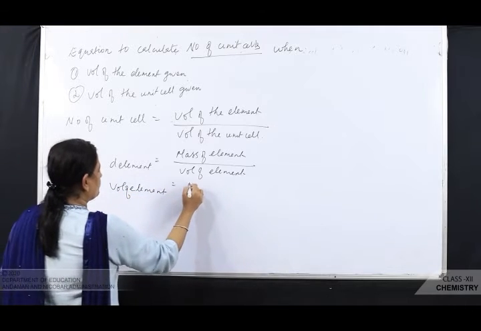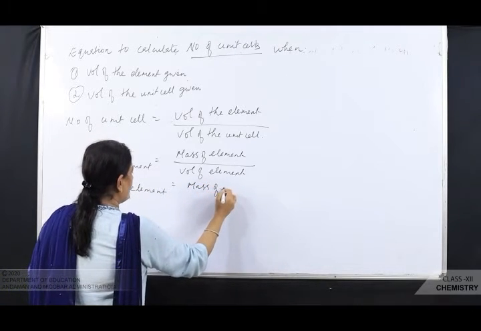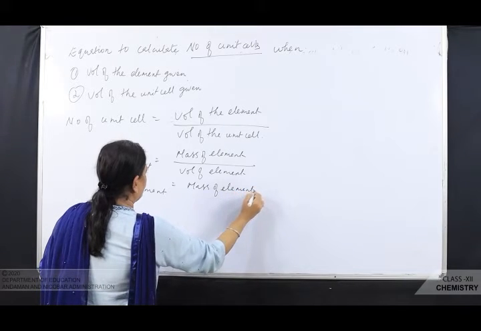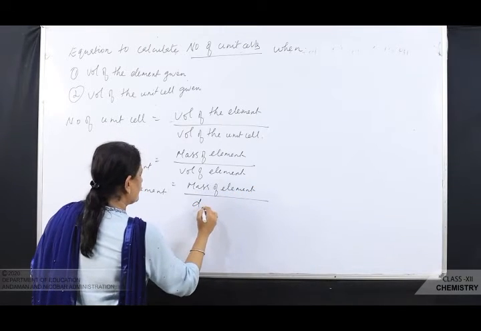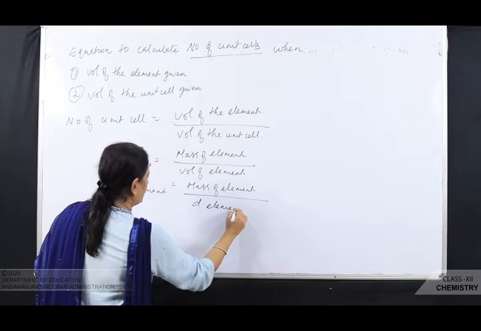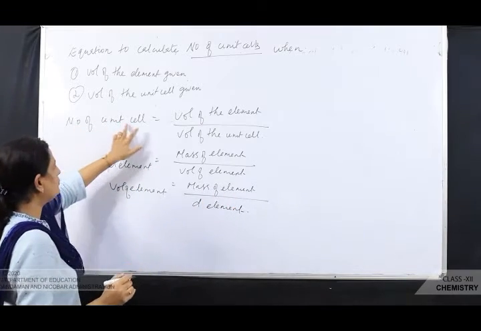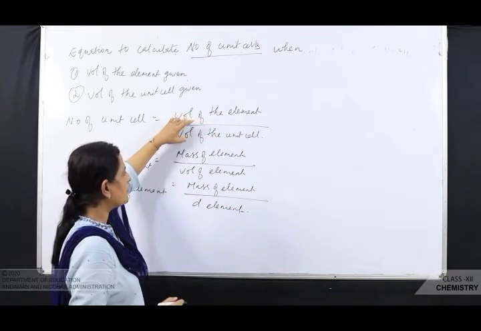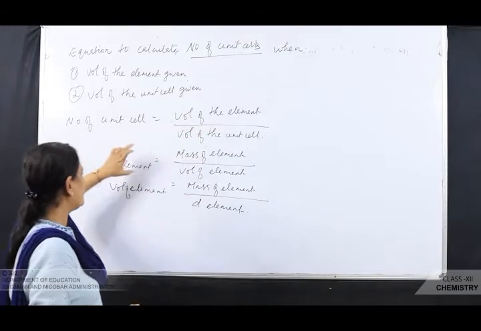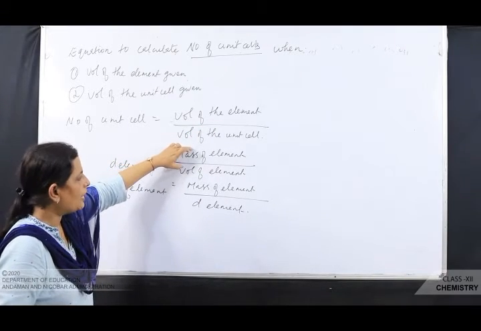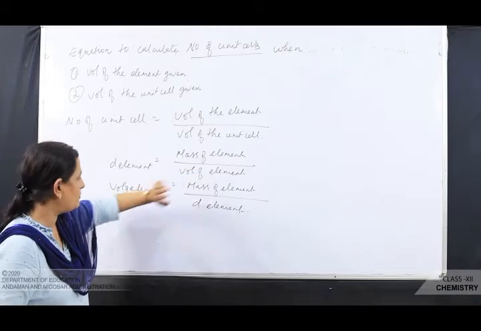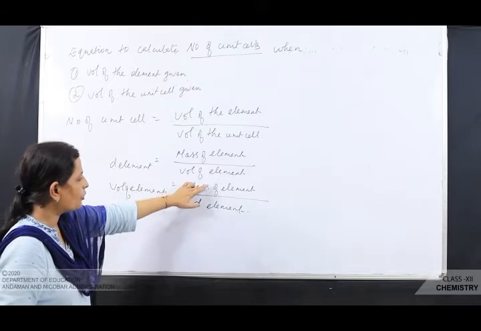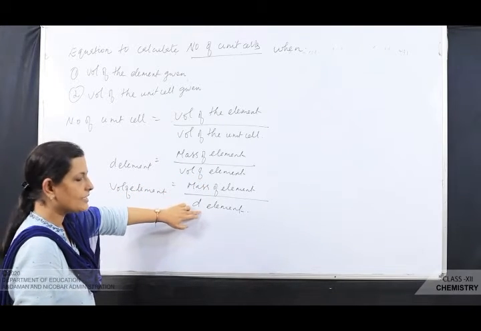So instead of volume of element, we can write it as what? Mass of element divided by density of the element. That is, number of unit cells is equal to volume of the element divided by volume of the unit cell. Then density of the element is equal to what? Mass of element divided by volume of the element. So volume of element is equal to what? Mass of element divided by density of the element.